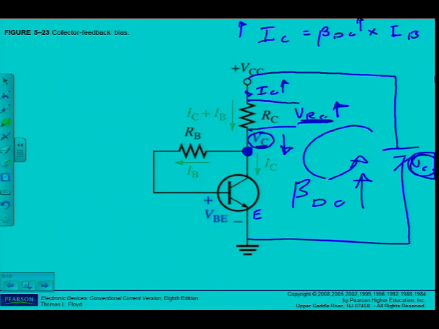Right? So let's go back to the original. What happened? The big problem was beta increased IC, VRC increased, but what happens? Can you see the feedback here? Collector feedback. So if VC now decreases, what's going to happen? The voltage drop over RB. Because the supply has now decreased, the volt drop over RB must decrease.